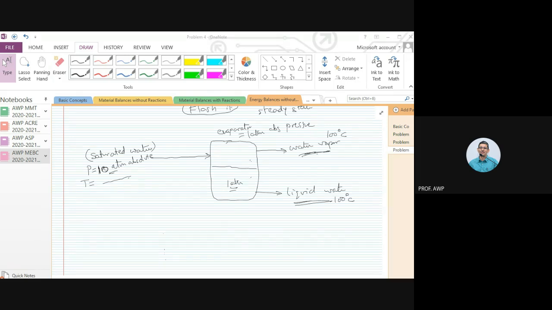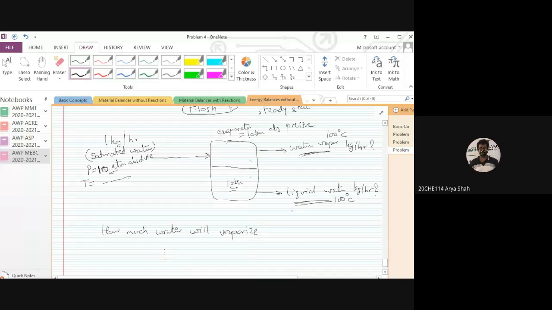So the question that you were asking: how much water will vaporize? Suppose I take 1 kg per hour of this saturated water. How many kg per hour of water vapor will we have, and how many kg per hour of liquid water? Is that what you are asking, Arya?